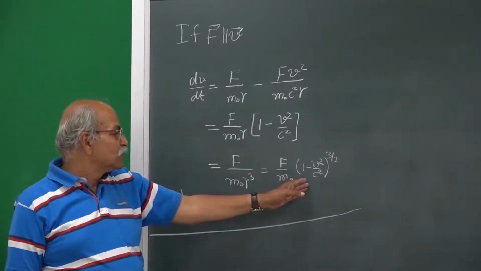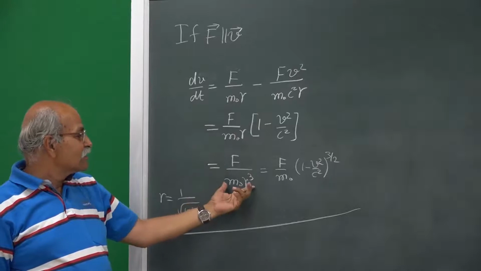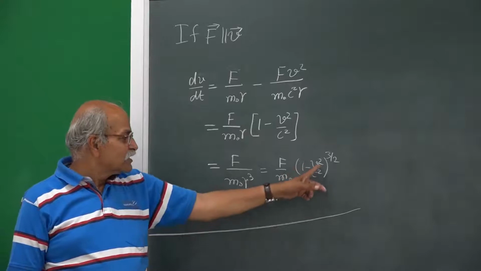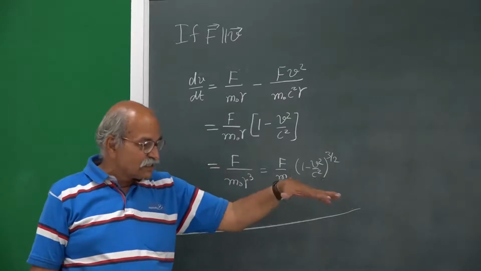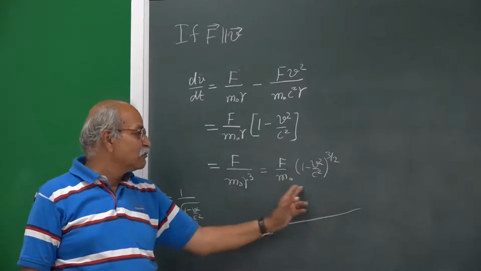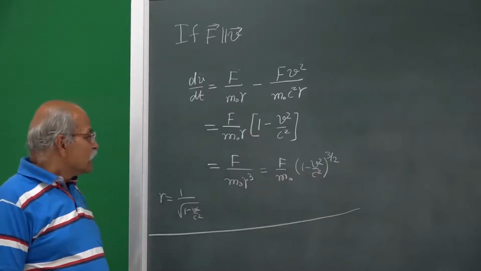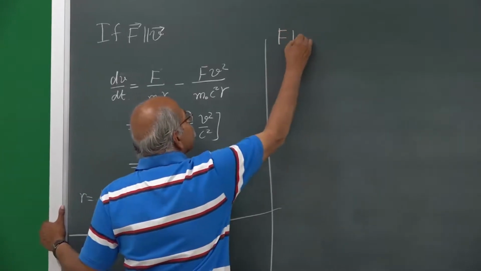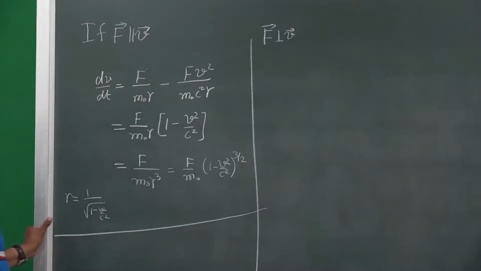If you want to say that it is still in the form of force divided by mass, then your mass is m naught divided by 1 minus v square by c square to the power 3 by 2. So for the cases where the velocity is in the direction of force, you have this kind of mass. And the other case is when f is perpendicular to the velocity.